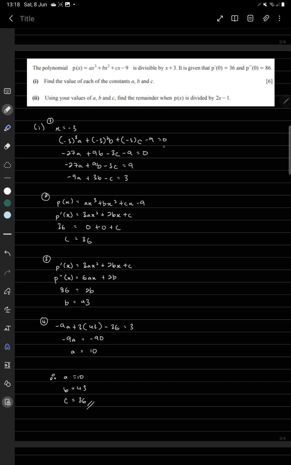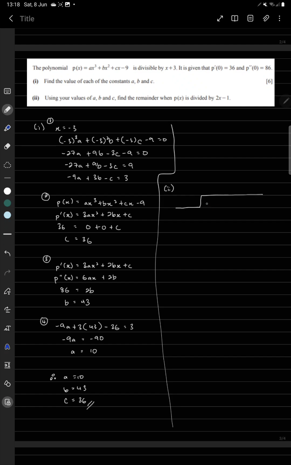Now for part 2, let me draw a line here. For part 2, the question's asking, what is the remainder of P(x) when it's divided by 2x minus 1? Okay, so we're going to have to use long division here. I'm going to write down the equation.